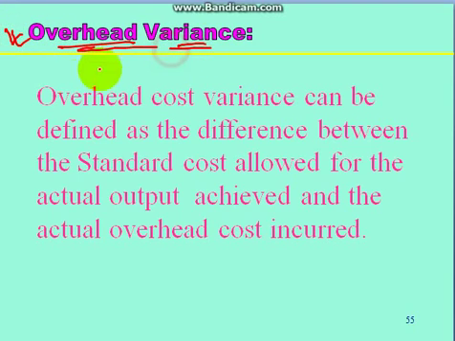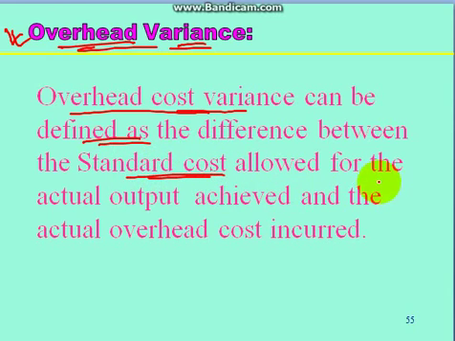Now what are overhead expenses? Overhead cost variance can be defined as the difference between the standard cost allowed for the actual output achieved and the actual cost incurred. So basically, what is the variance?